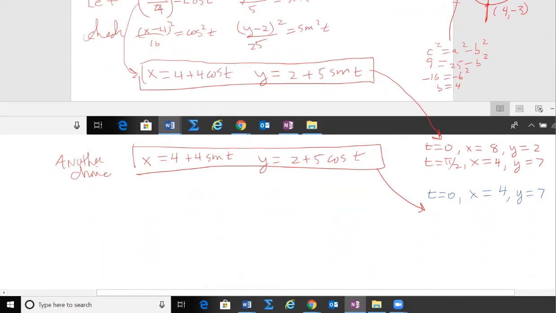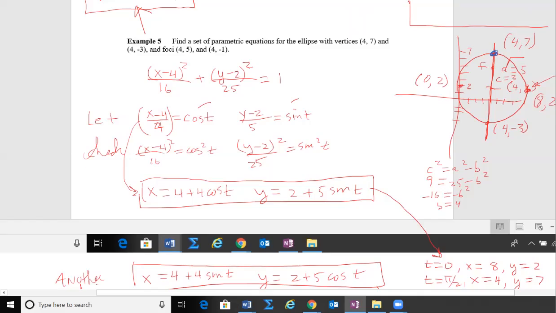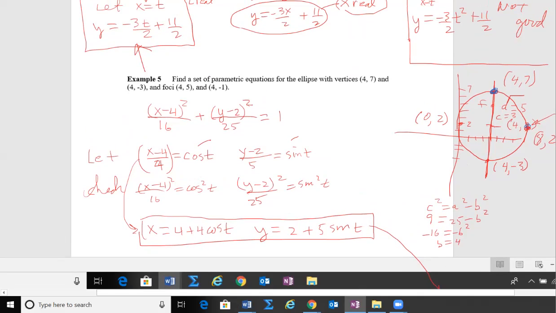Then let's try another one, t equals pi over 2. That means x would be 8, and y would be 2. So this one puts you over here, which means that's going that direction. Not only do they start in different places, but they're heading in different directions.